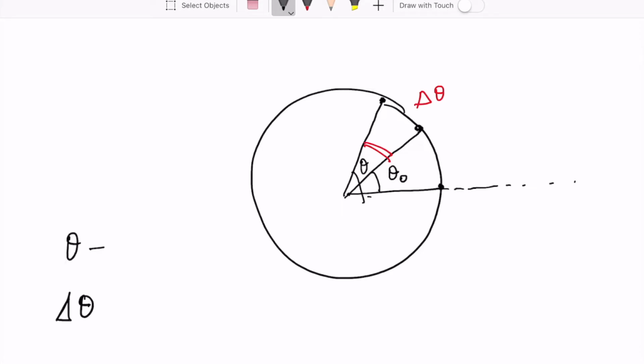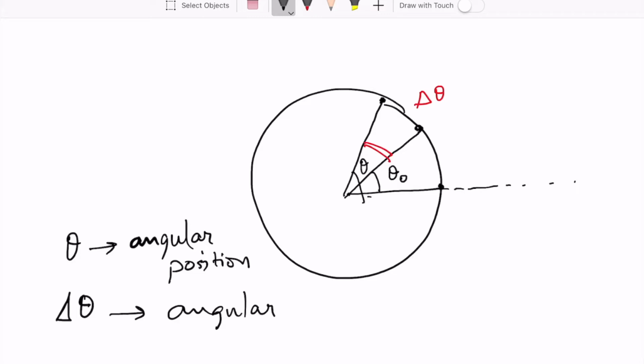So theta is the angular position, and delta theta is the angular displacement. Remember when we talked about position and displacement in earlier chapters, the displacement was just the change in position, the final position minus the initial position. So here it's exactly the same thing. Delta theta is the angular displacement, and that is just theta final minus theta initial.